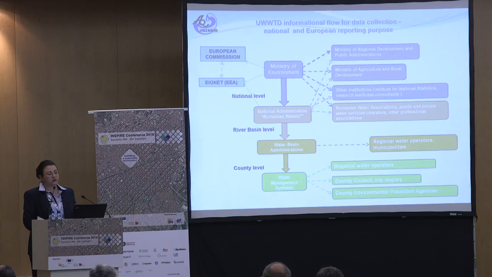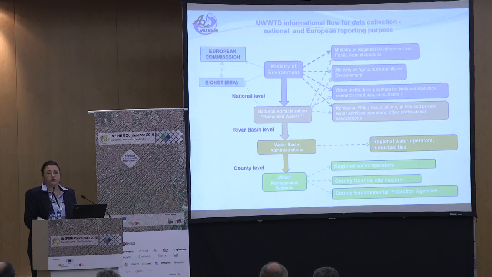But in this process other authorities also interfere: the Ministry of Environment, and the Ministry of Regional Development and Public Administration, which deliver information about the past, existing and planned works, and also information about the available national budget for them.